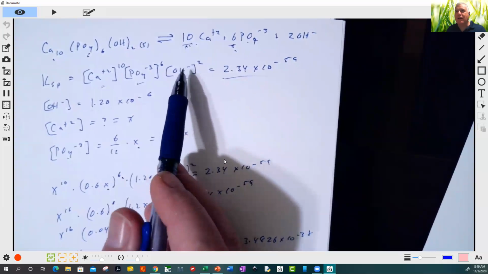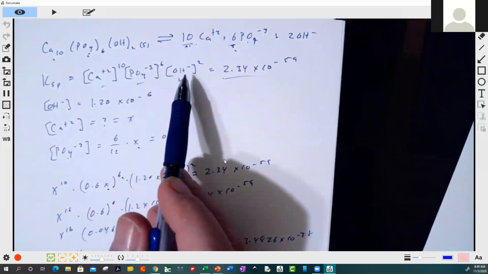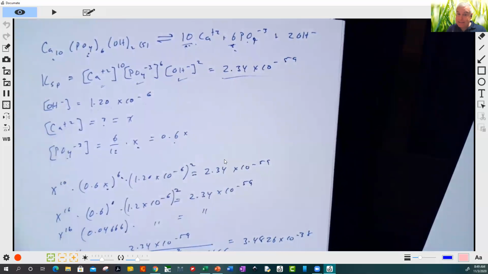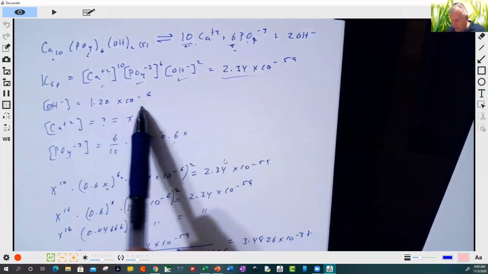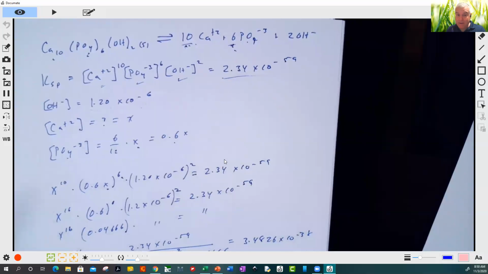Well, actually, it would be plus 2s, but they said it's fixed. In this case, it's fixed, so it doesn't get to be augmented by the dissolution. It's controlled by a buffer.